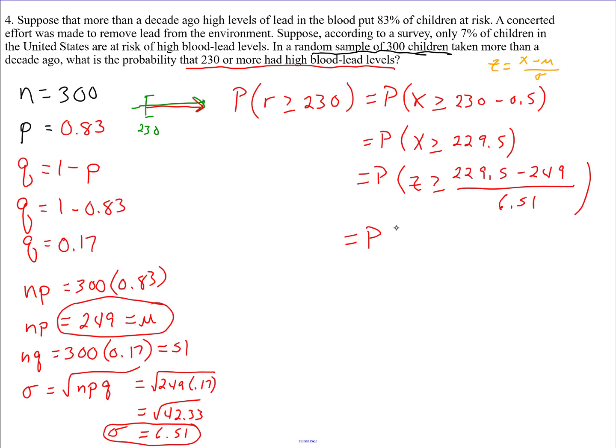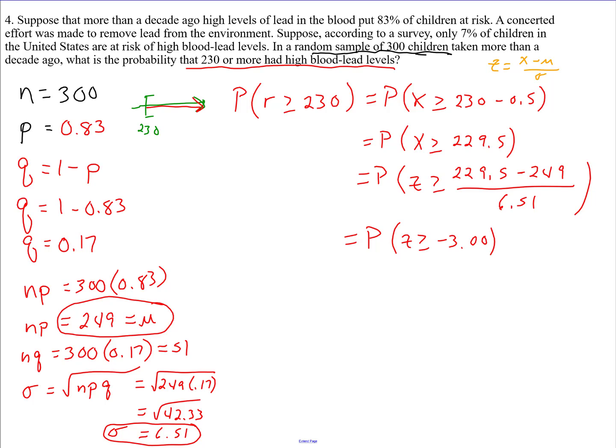And so then when we do that calculation, that gives us probability z is greater than or equal to negative 3.00. So when you do it on your calculator, you should get negative 2.9953, which we only need 2 decimal places, because the 5 rounds up, so it rounds to negative 3.00.